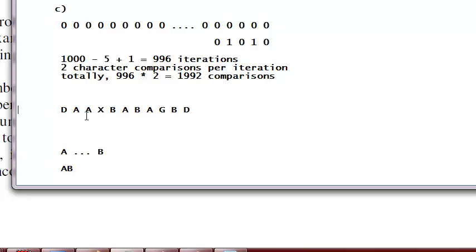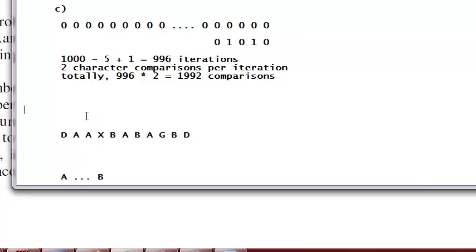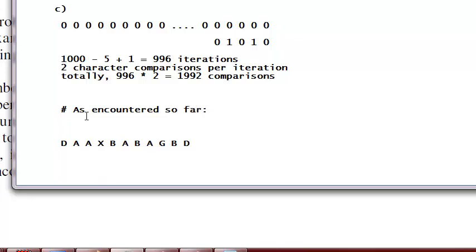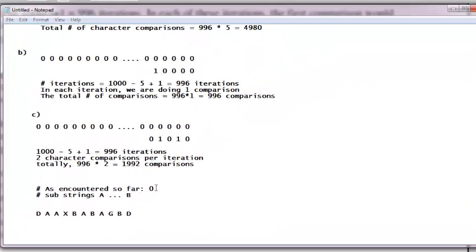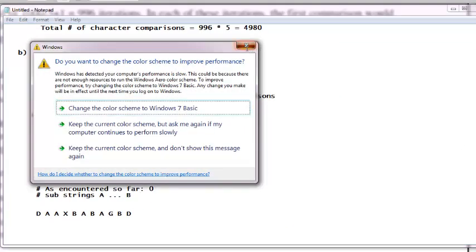So let's keep two counters: the number of A's encountered so far, and the number of substrings of the form A to B. So when we are at D, there's no such thing, so this is going to be 0 and this is also going to be 0.